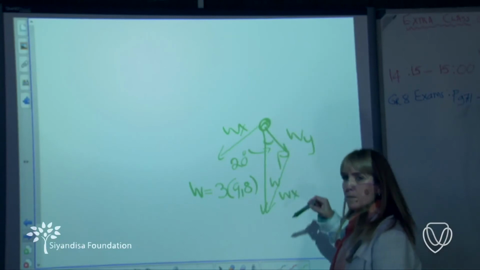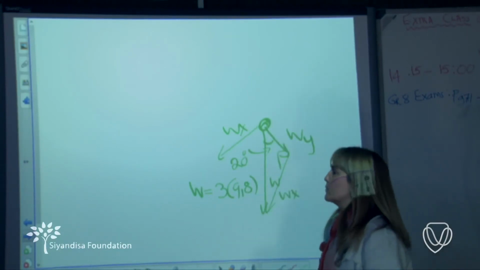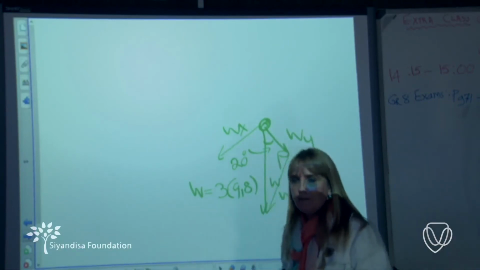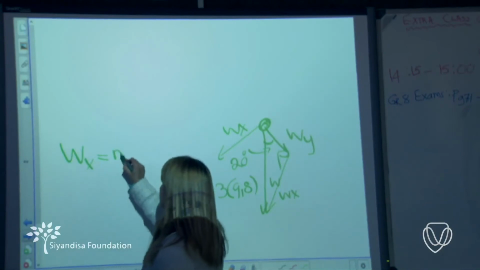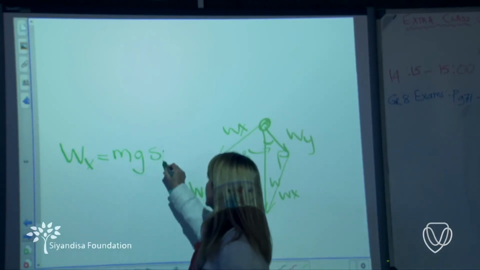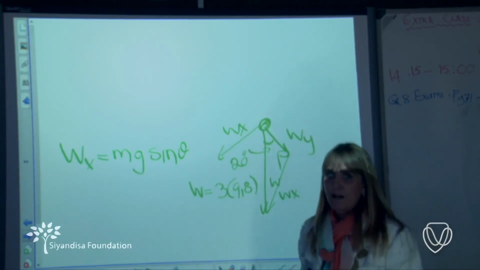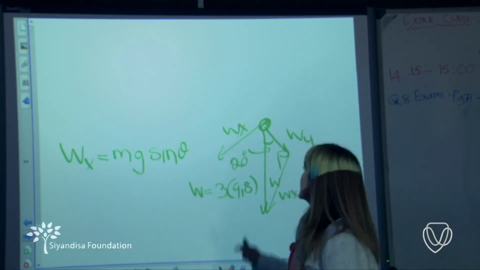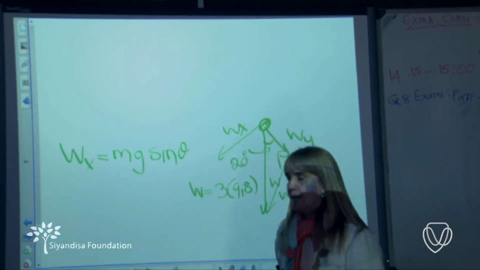Wx is the opposite side to the given angle, so we're going to use sine of theta. So Wx is equal to mg sine theta. That is all revision from grade 11 work. So the x component of weight is equal to mg sine theta.